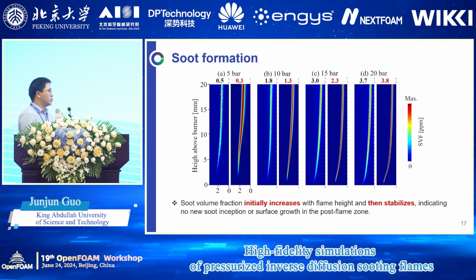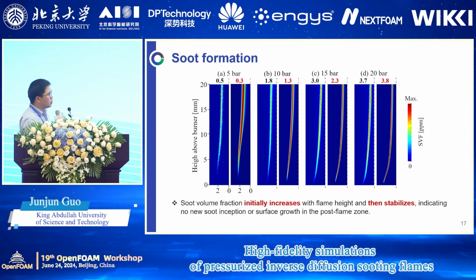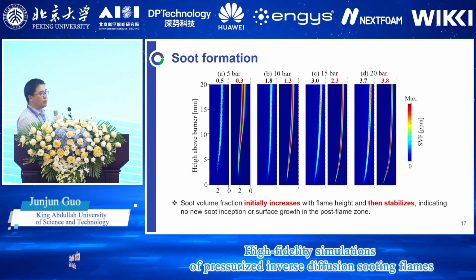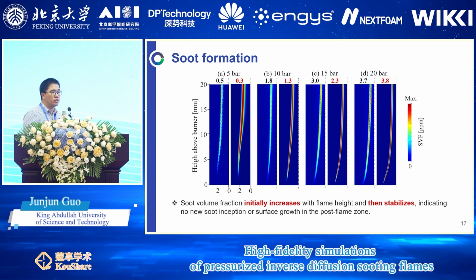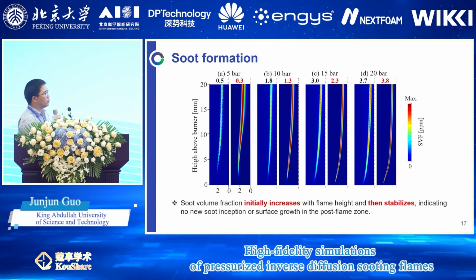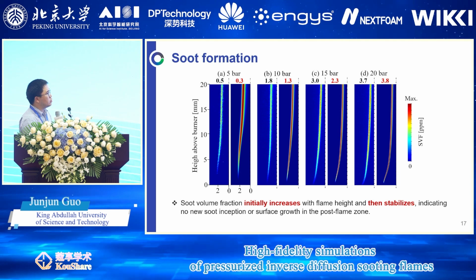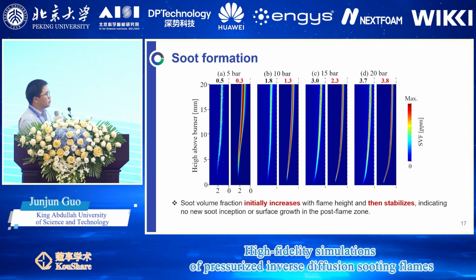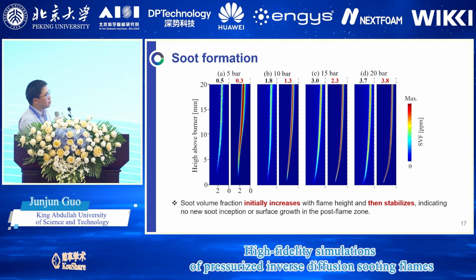So first thing you see is that the soot increases at the beginning, but stays unchanged in the downstream, in the post-flame regime. This is some new phenomenon we observed in the inverse co-flow diffusion flames. And then our simulations also capture these observations.